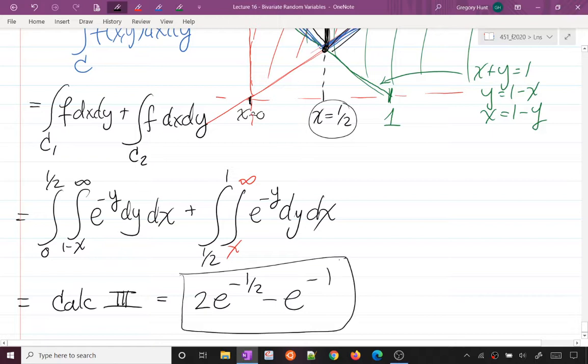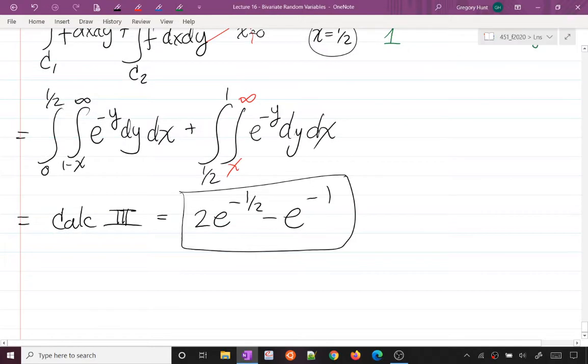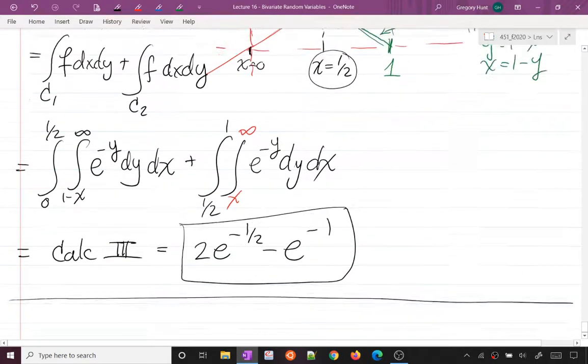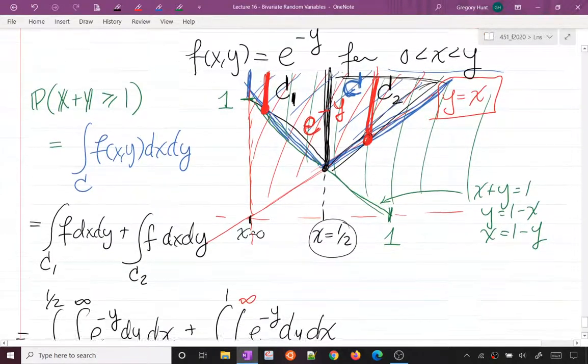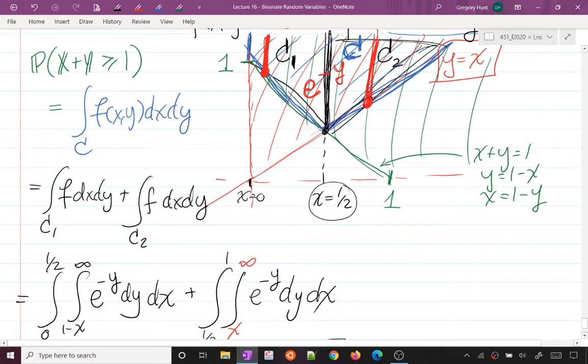That's my answer. You could also verify that that is a positive number between 0 and 1. It's a probability. Okay, so that's how these problems are going to feel. We're going to have some practice problems here, and they're going to start feeling a lot like Calc 3 problems. So we move from Calc 1 problems, where you're solving integrals, to now you're going to be moving to Calc 3 problems, where you're solving multiple integrals.